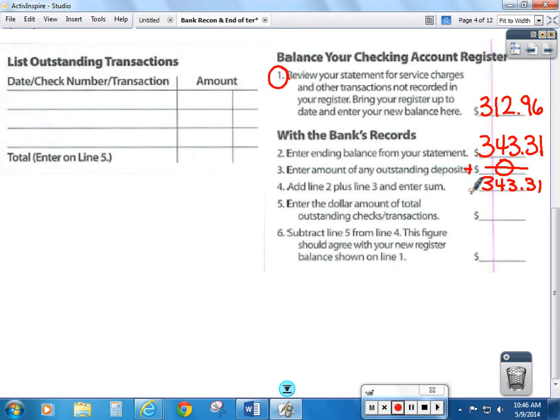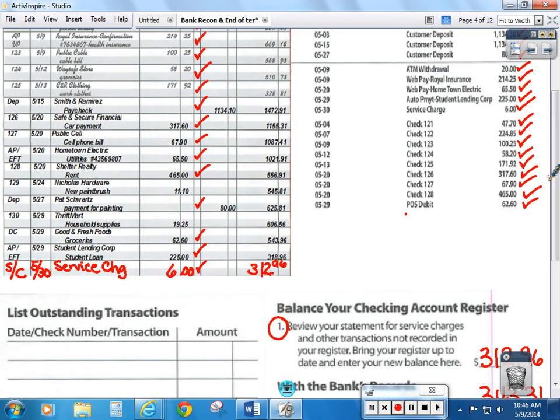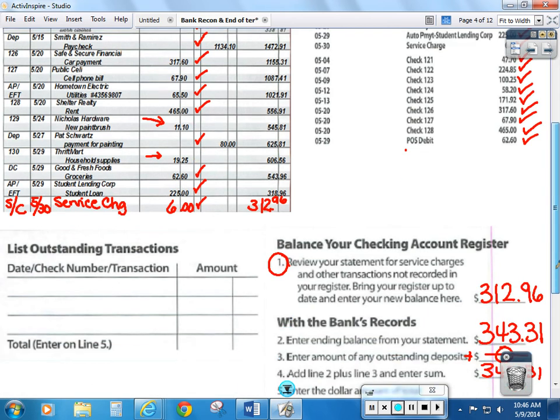Step 5, enter the dollar amount of total outstanding checks or transactions. Well, what does that mean? That means any of these checks or payments without a check mark beside it. And we have two of those. We have this one, and we also have this one, because neither one of them have check marks beside it. Okay?